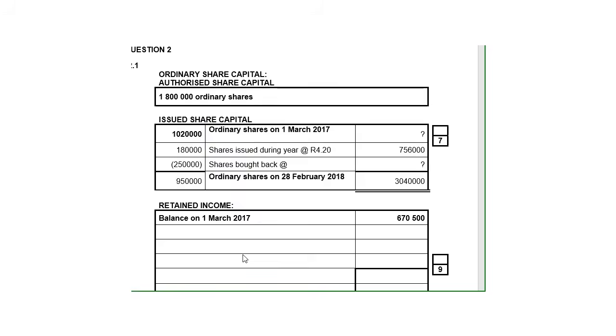950,000. So let's do the average share price. It is the value divided by the number of shares.